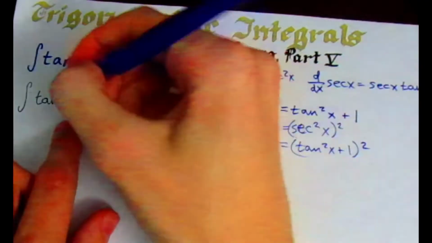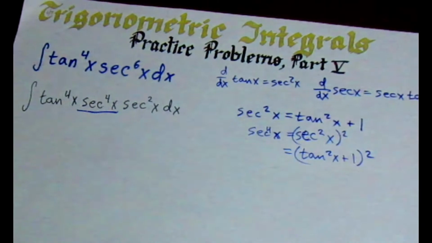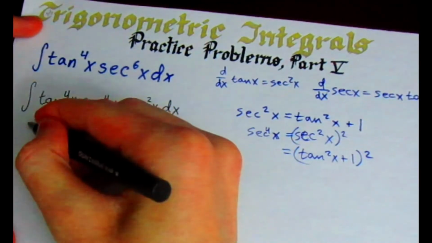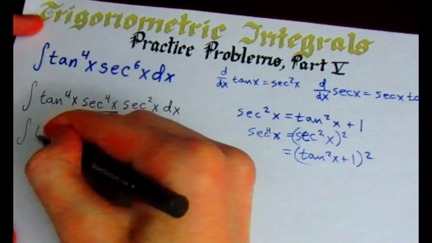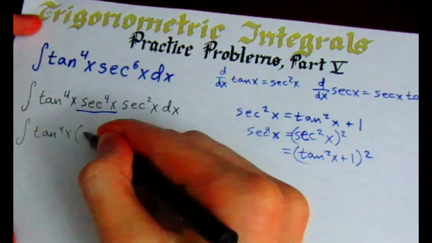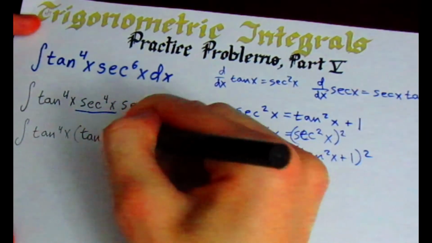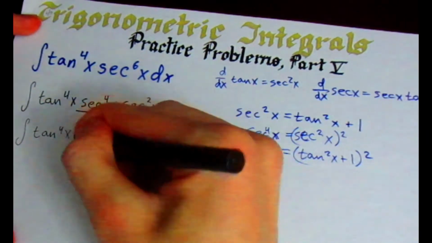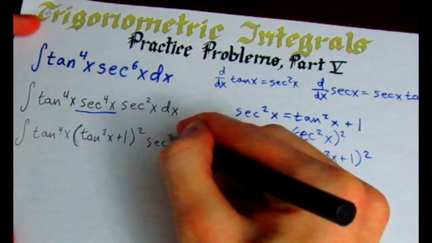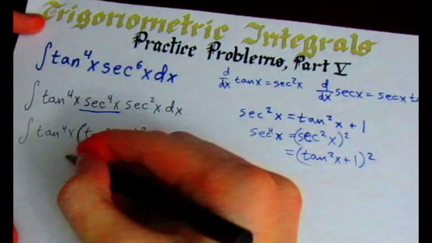So I'm going to substitute that in right there, and what we're left with is the integral of tan to the 4th x times the quantity tan squared x plus 1 squared times secant squared x dx. Now I do the u substitution.